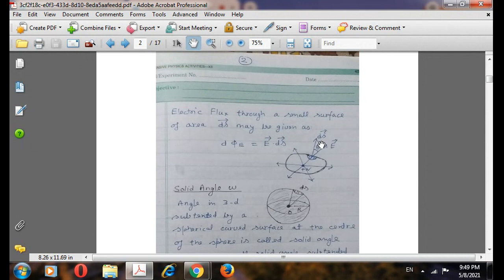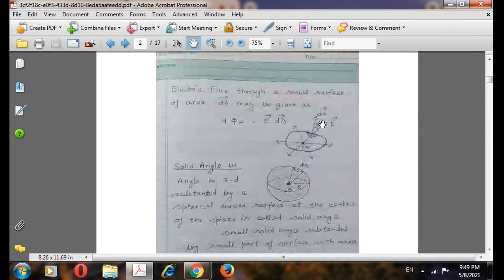Here ds is shown. ds is the small area of a small part on the surface. The angle between ds and the electric field is theta. Then the small electric flux may be shown by d phi e is equal to E dot ds.